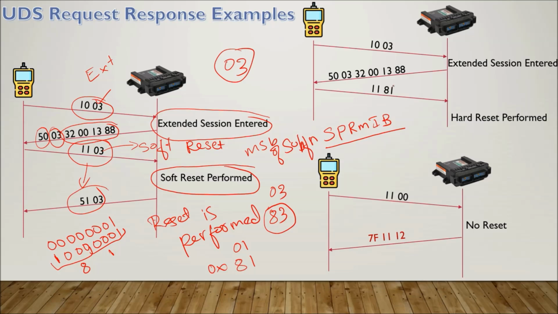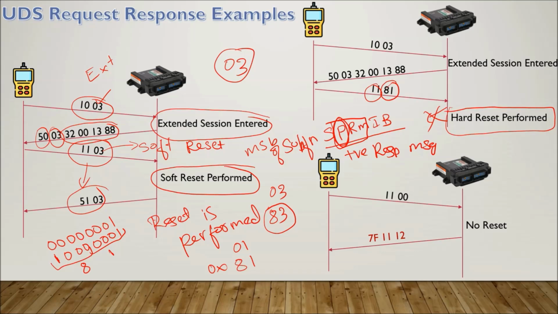So if you are requesting 81 for the ECU reset, then the hard reset will be performed, assuming that everything is proper, but you are not able to see any positive response here because we have requested to suppress the positive response. But remember that if there is a negative response, that will not be suppressed. This is suppress positive response message only. PRM stands for positive response message.